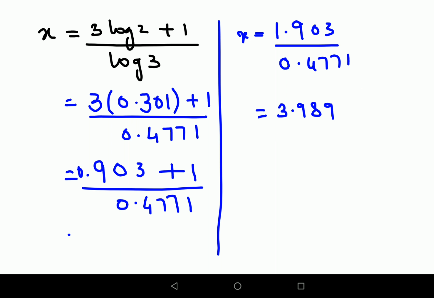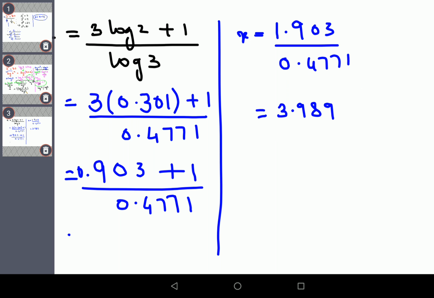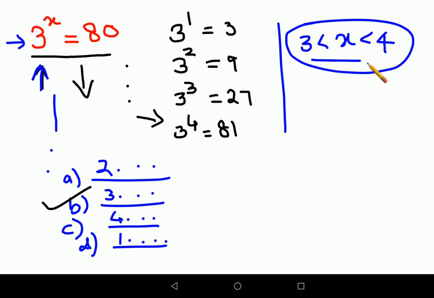Now when you actually do this calculation, your answer comes out to be somewhere around 3.989. Now if you remember, in the first step itself I told you the value of x has to be lying between 3 and 4, and obviously 3 raised to 3 is 27 and 3 raised to 4 is 81. Now I know 81 is very close to 80. So obviously your answer also will be very close to 4 but not 4.